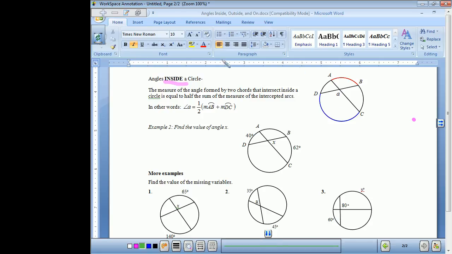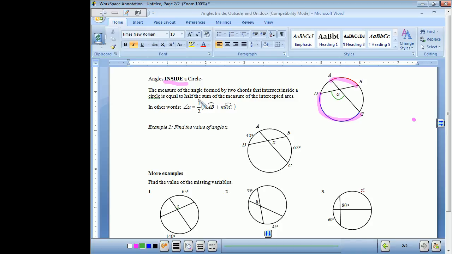And what this ends up being, this inside angle formed by these two chords, the inside angle is half the sum. In order to find both, since they both don't have it, you need to find the sum, right? Okay, it's half the sum of the intercepted arcs. And that's what this says.